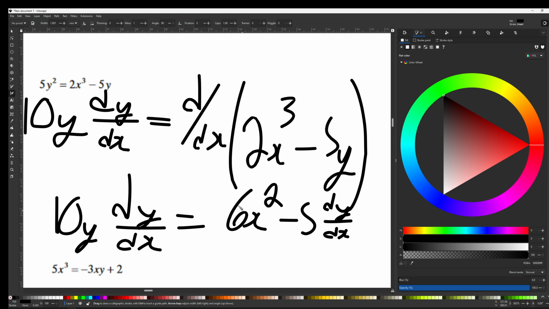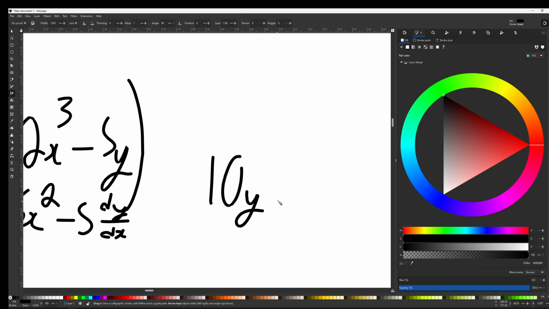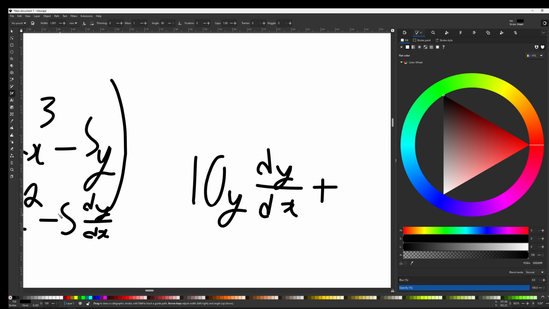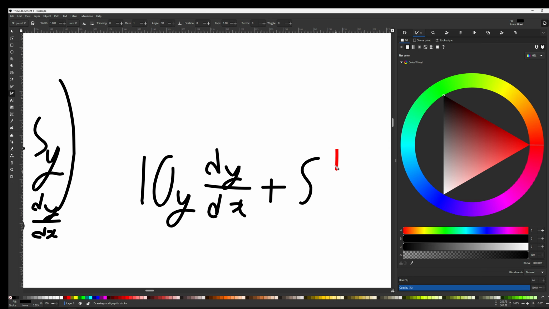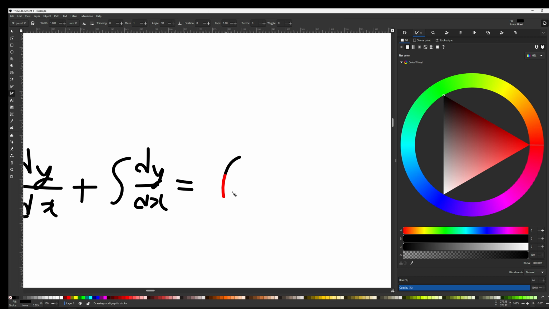In order to isolate dy/dx, we have to get them all together. So we're going to have 10y dy/dx plus, because we changed the sign, plus 5 dy/dx is equal to the leftover term 6x squared.